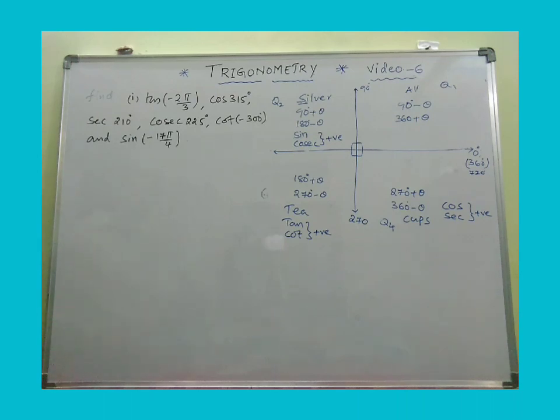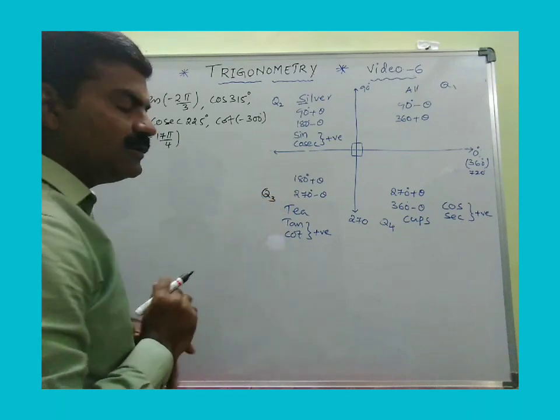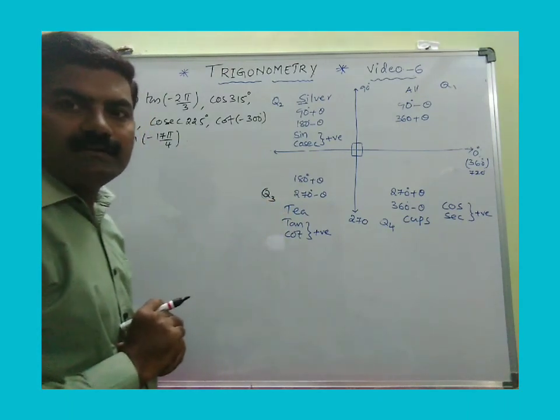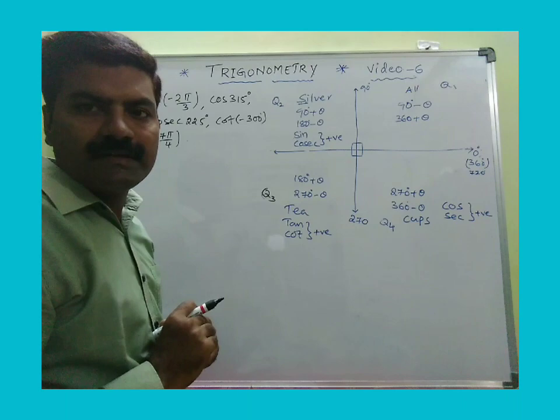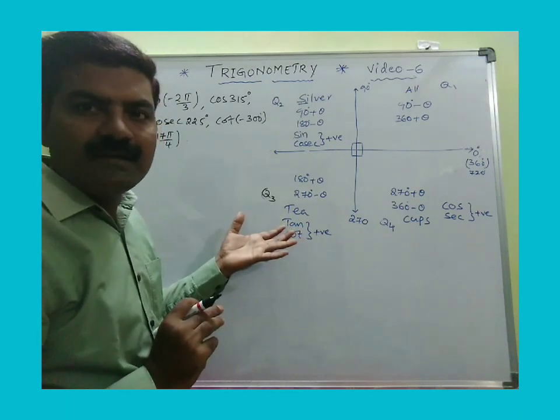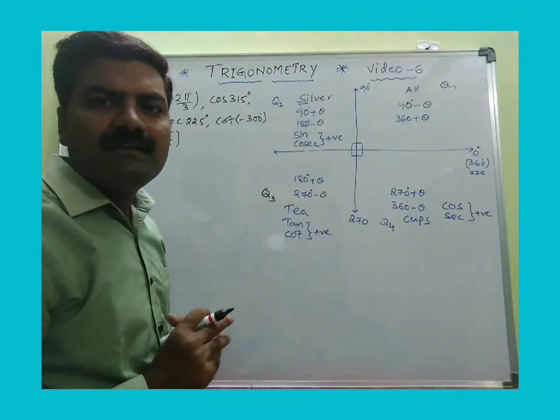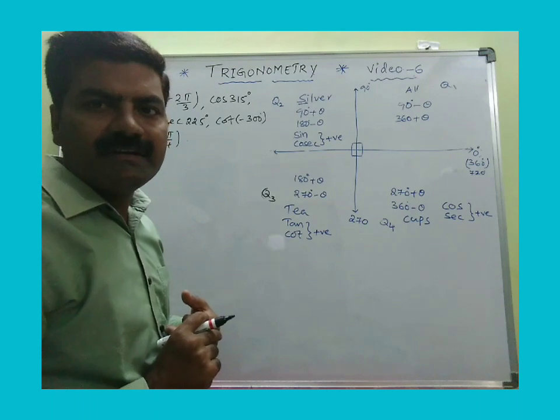Actually, my dear, in the previous class, we already discussed the standard angles of trigonometric ratios. The advantage of these allied angles is that using this concept, we can now find any angle of a particular trigonometric ratio.